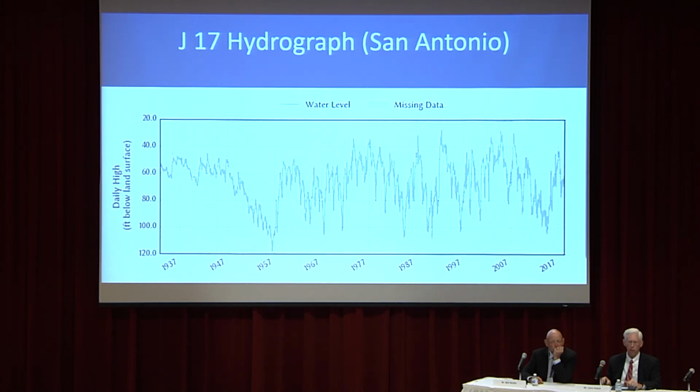You can see towards the left side in the 1950s, in the drought of record, water levels were basically cycling downward, but you can see how it just goes up and down and responds very much to weather and climate changes that occur in that area. So again, a highly fluctuating nature as opposed to some of the dipping aquifers, which are much more gradual in appearance.